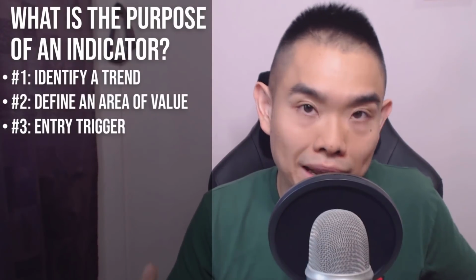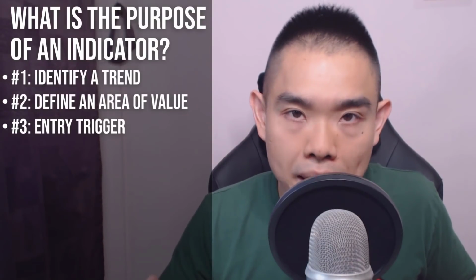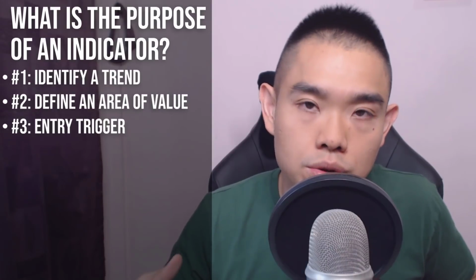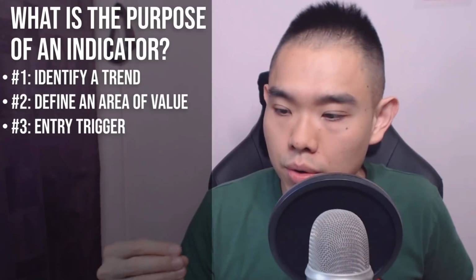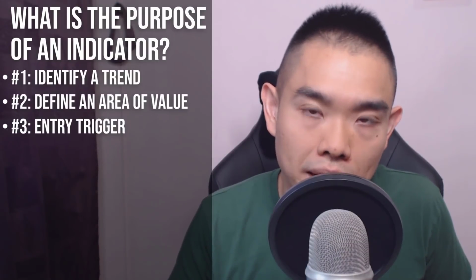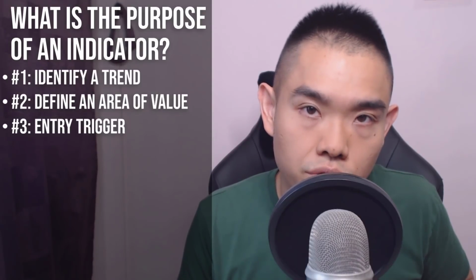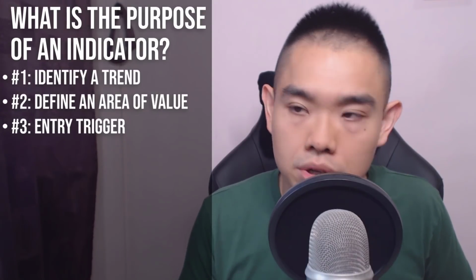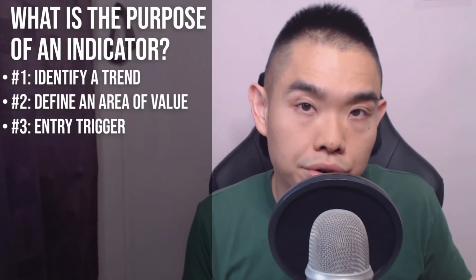I'm not saying you buy blindly when the stochastic goes above 20, but if all other conditions are met and the stochastic starts to cross above 20, you can say that, hey, bullish momentum is coming to the market. When the stochastic crosses above 20, I will buy. So that could serve as an entry trigger. But more often, people use candlestick patterns as entry triggers, like a bullish hammer, a bearish engulfing pattern, etc. That is what I mean by entry trigger.